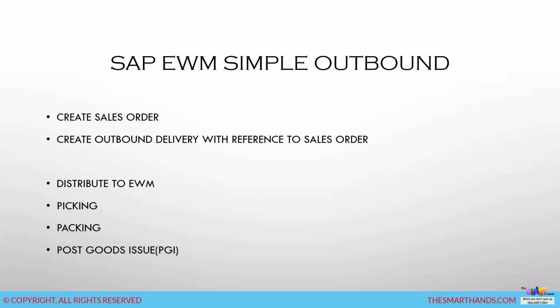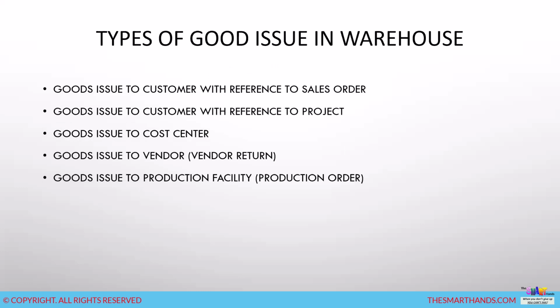And in a simple outbound, the sales order is created first, then the outbound delivery is created. Against that outbound delivery, the activities we do on the outbound side are picking, packing, and post goods issue. So how many types of goods issue do we have in the warehouse? We issue goods to the customer with reference to a sales order, to a customer with reference to a project, and sometimes to the cost center.